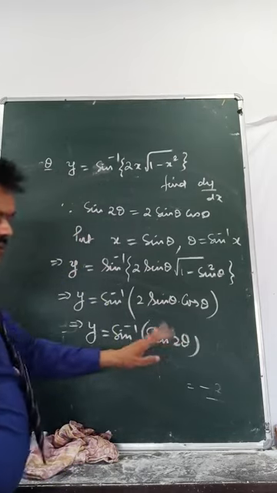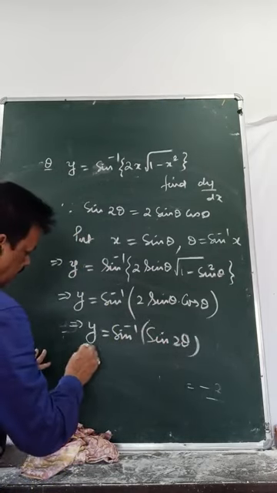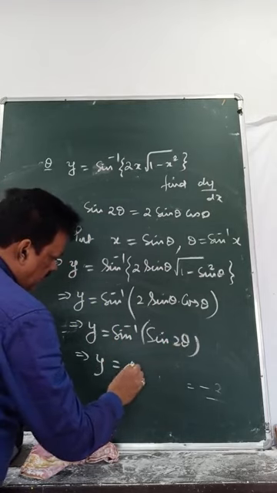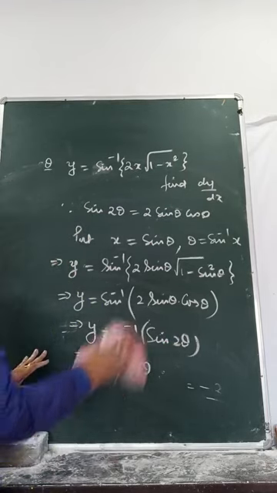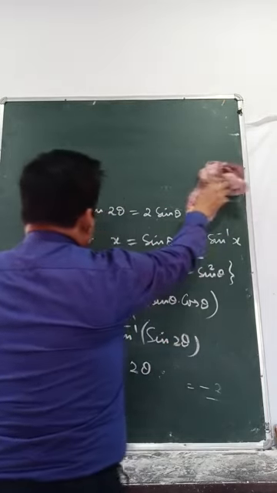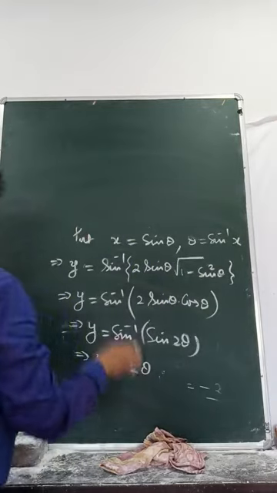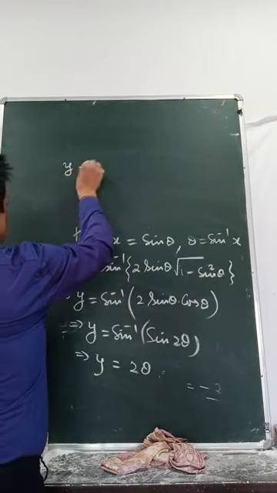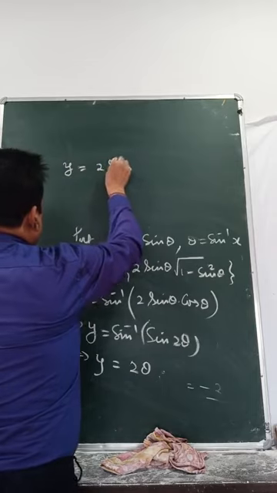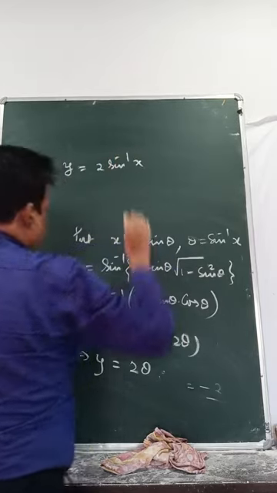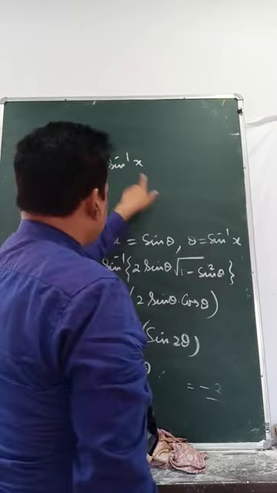Now sin inverse sin is cancelled. So you get y equals 2 theta. Means you are getting the simplified form y equals 2 sin inverse x, because theta is sin inverse x.